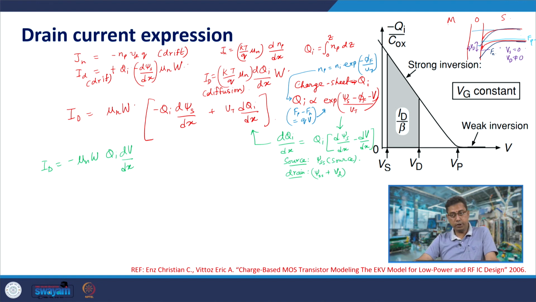Now, the question arises, how do we get a drain current value which is dependent on terminal voltages for different regions of operation? We know that the current would be constant from 0, that is source, to L, which is drain, source edge to drain edge in steady state.